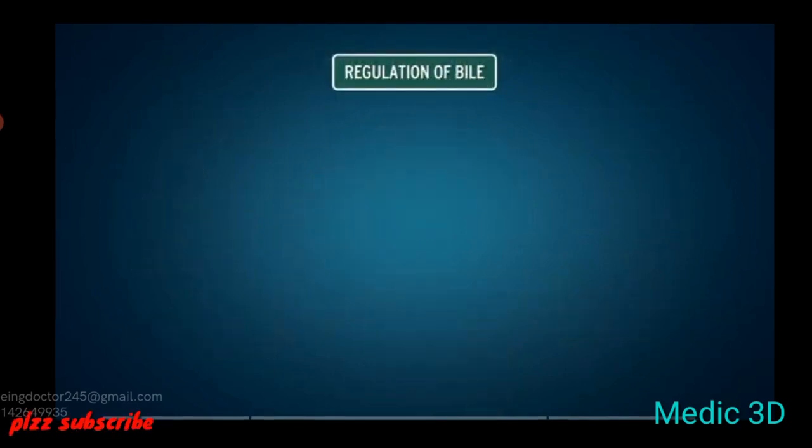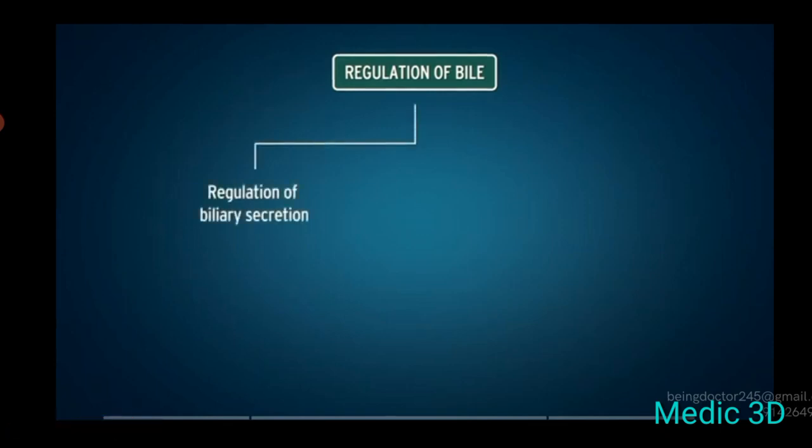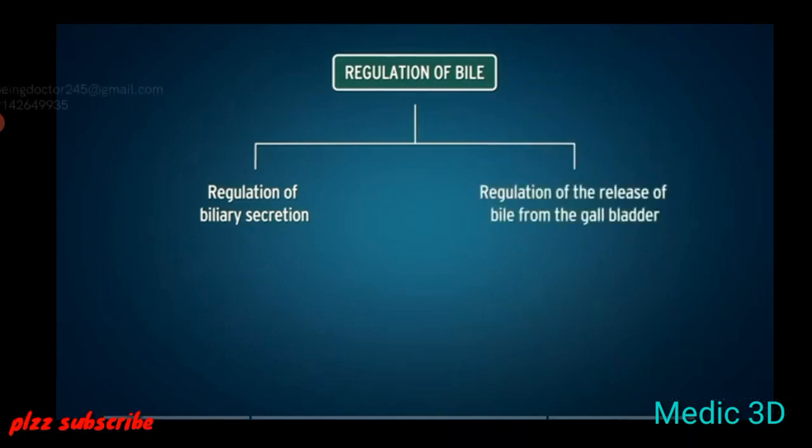Regulation of bile. The regulation of bile juice released into the duodenum after meals is performed at two levels: regulation of biliary secretion and regulation of the release of bile from the gallbladder. Regulation of biliary secretion.